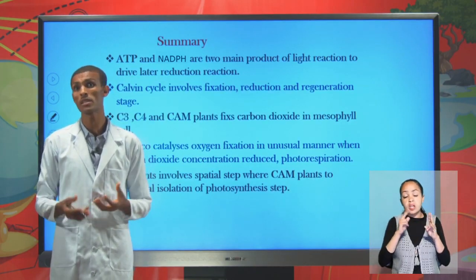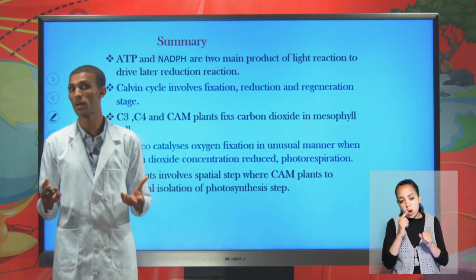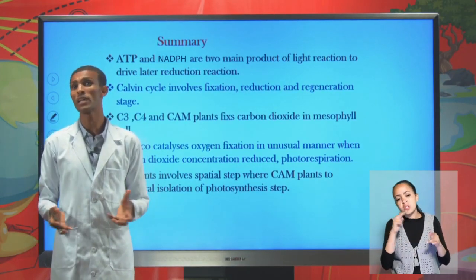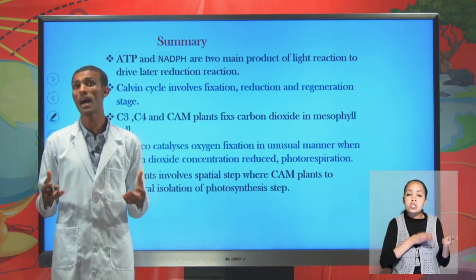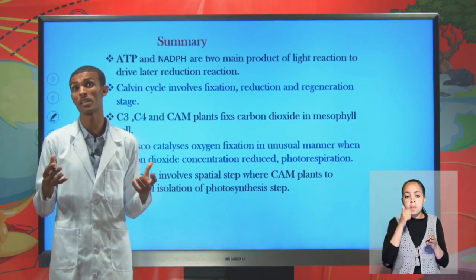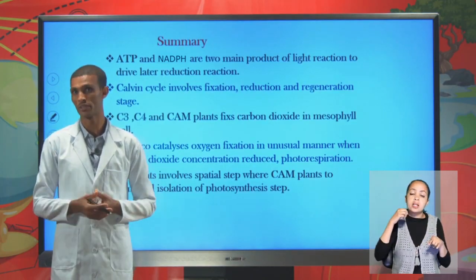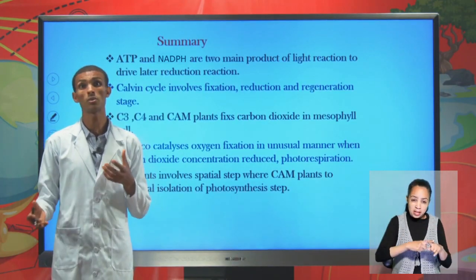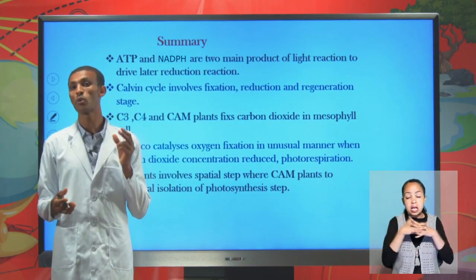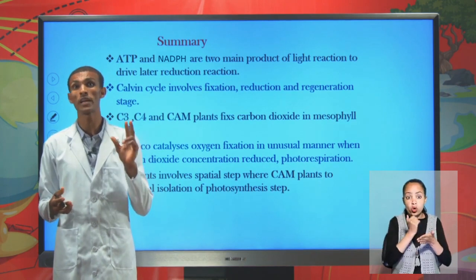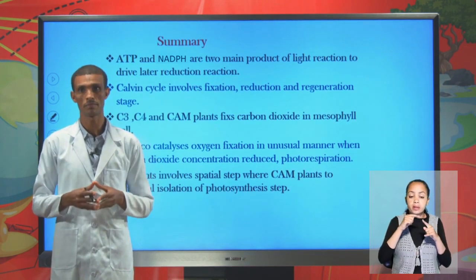Student, in our today's lesson, we have seen what photosynthesis means, as it is a very important process in transducing energy from one reaction to another, which is very important in nourishing our ecosystem. We have seen that there are 2 main phases in photosynthesis, the light dependent and the light independent reactions, where these 2 reactions are interconnected by 2 main products produced over the thylakoid membrane, ATP and NADPH molecules.